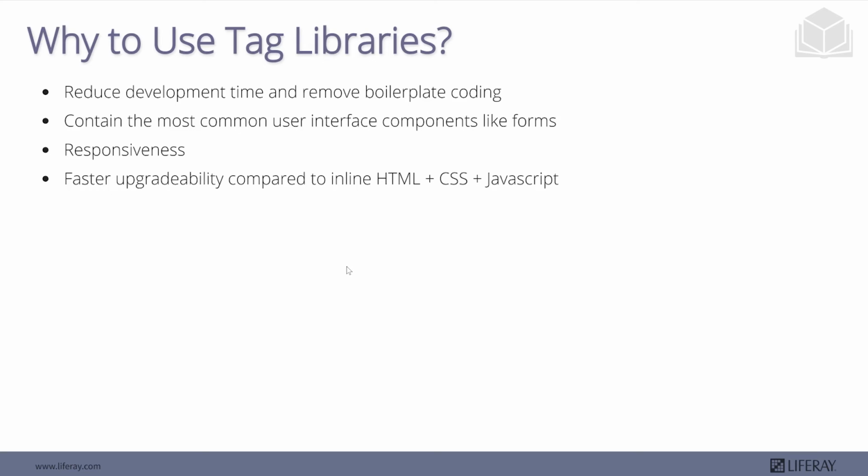All of that, spent a long time talking about tag libraries. Why use them, right? What's the point? The whole idea here is, right, this is going to save us a lot of time writing code rather than retyping the same thing again and again and again to create a render URL, right? We have the tag library just to give us the JSP tag to use that render URL.